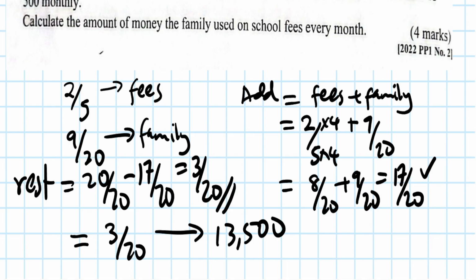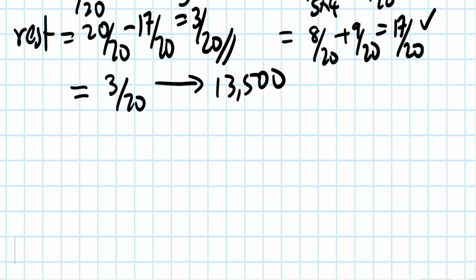School fees was 2 over 5. So what about 2 over 5 used on school fees?